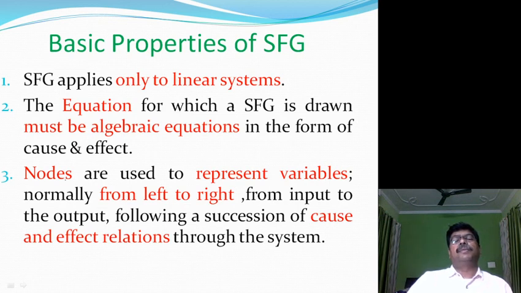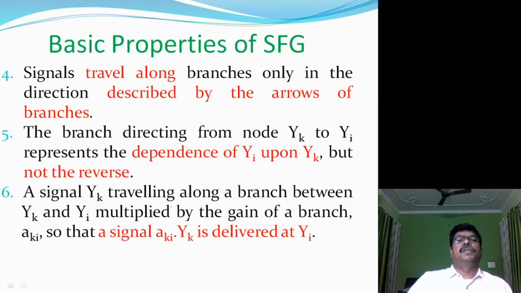Third property of SFG is the nodes are used to represent variables, normally from left to right, or from the input to output, and that follows the cause and effect relationship. Next property, the signal can travel only in the direction of the arrow that you have seen in the diagram.